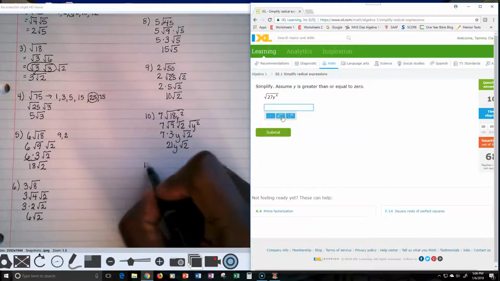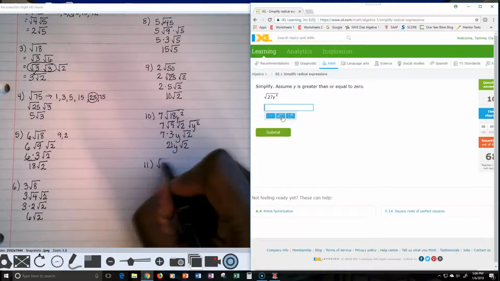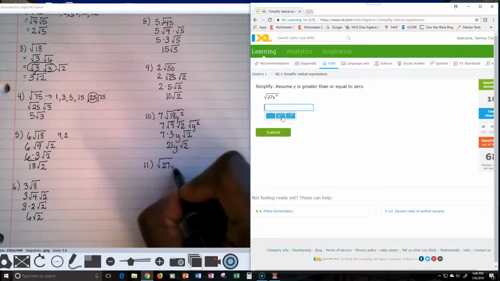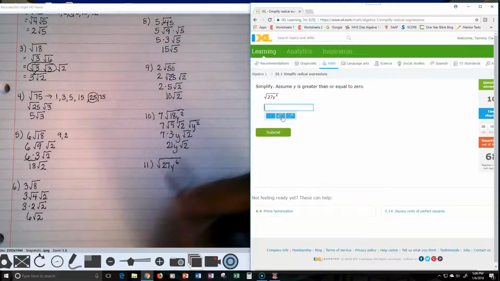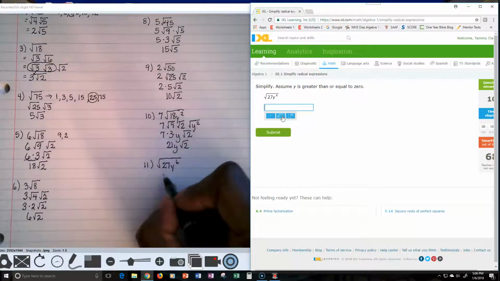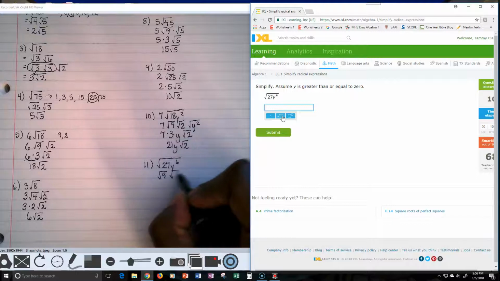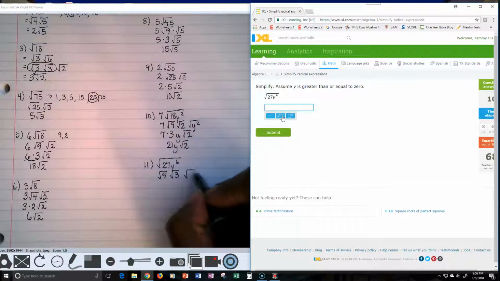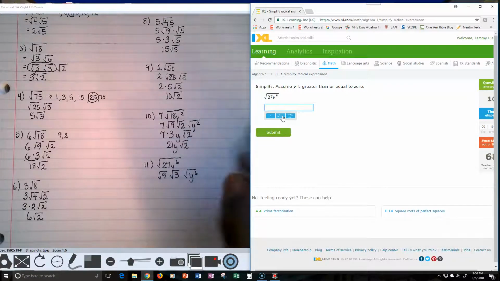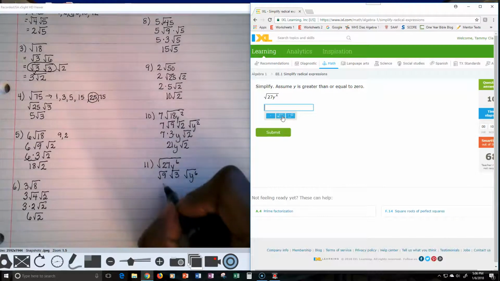All right, number 11, we have the square root of 27y to the 6th. So again, we know this is 9 times 3. So square root of 9 times the square root of 3 times the square root of y to the 6th power. So the square root of 9 is 3.